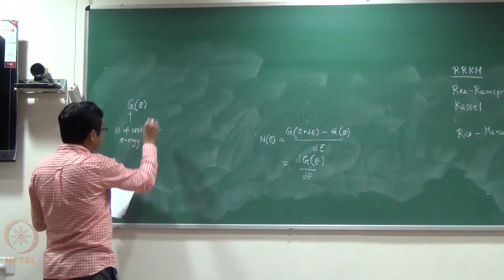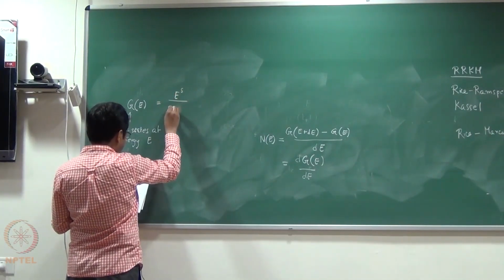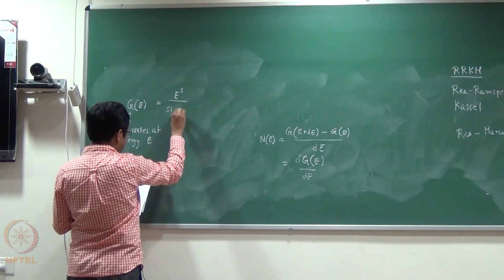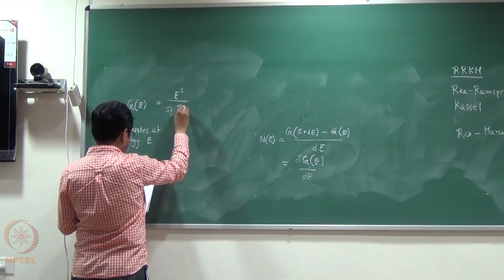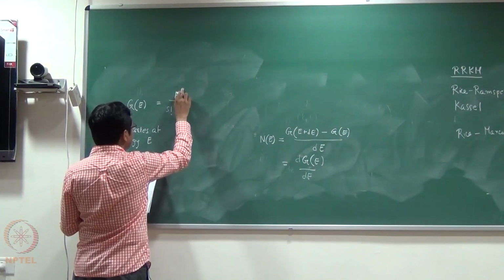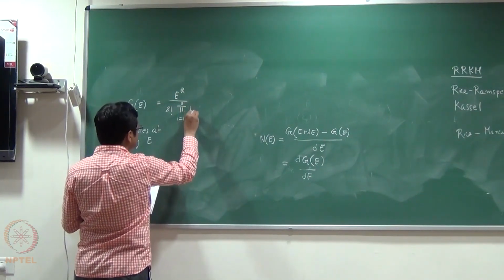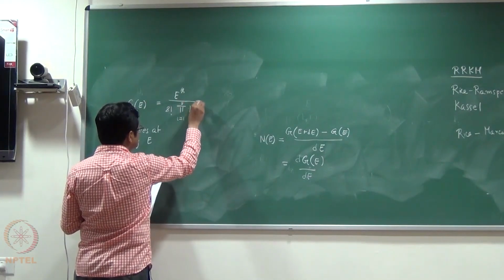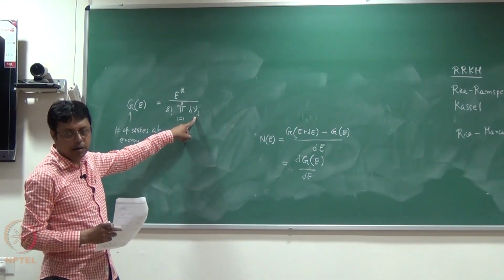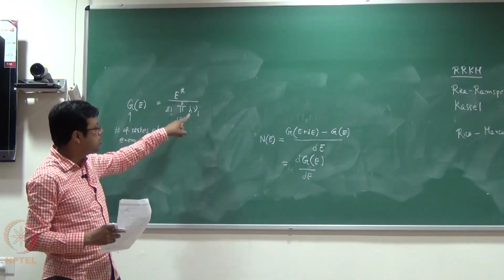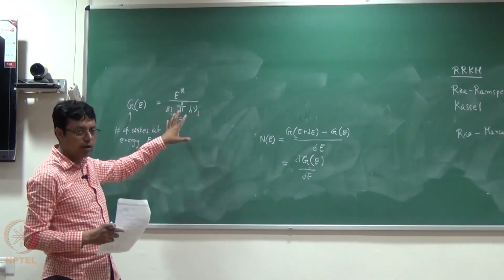So for s uncoupled harmonic oscillators, we can show that this number of states will be something like this. This is actually a small s, even if I don't write it, usually it's a very small s. But the nu i's are the vibrational frequencies. I have s harmonic oscillators, so I'll have nu1, nu2, nu3, all these things. So this is how you calculate.